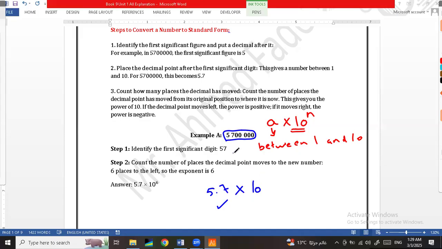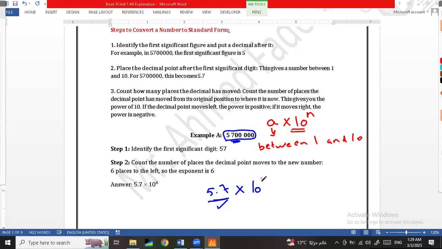How are we going to write 5,700,000 in the standard form? It is equal to 5.7 times 10 to the power of what? Definitely, if you notice, I made this number way smaller. From 5,700,000, I made it 5.7. I need to compensate for this, to make it up. How can I do that?